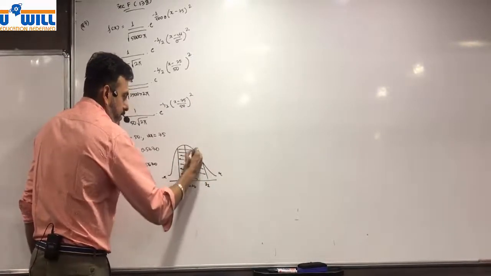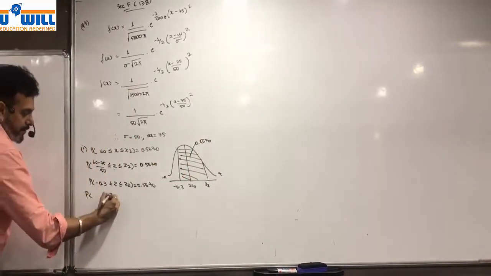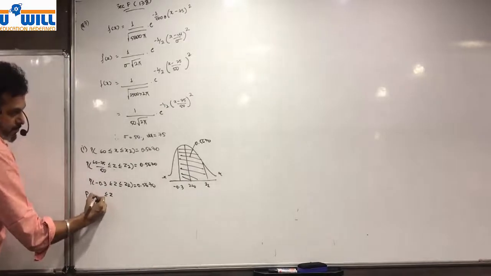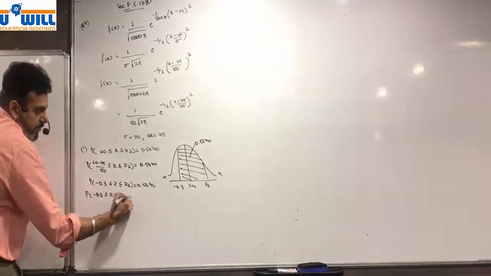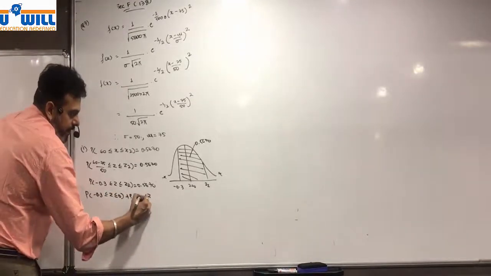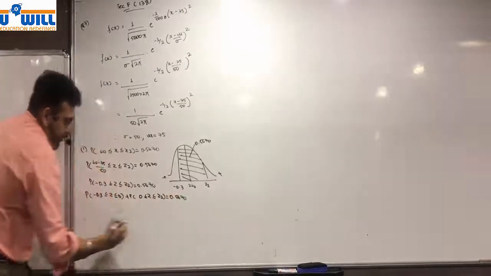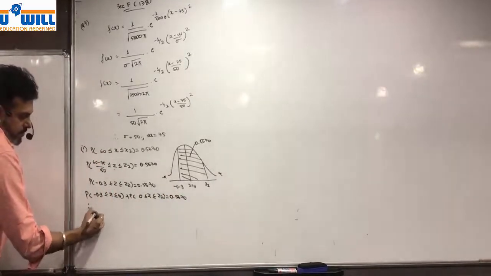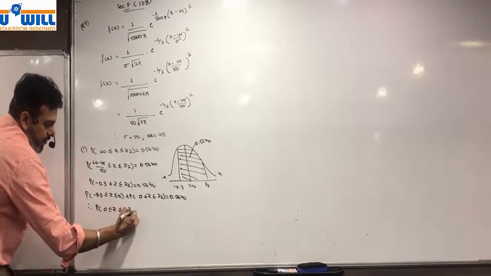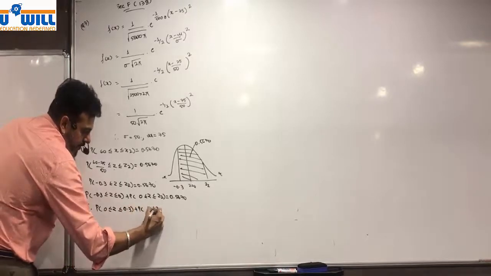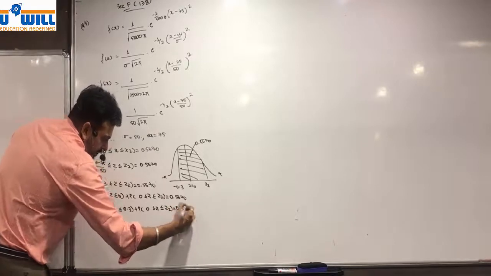This complete area is 0.5670. So probability of Z greater than equal to minus 0.3 less than equal to 0 plus probability of Z greater than equal to 0 less than equal to z2 is 0.5670. Therefore, probability of z greater than equal to 0 less than equal to 0.3 plus probability of z greater than equal to 0 less than equal to z2 is 0.5670.